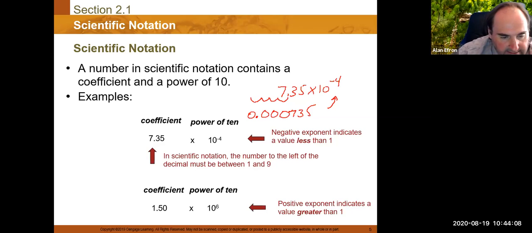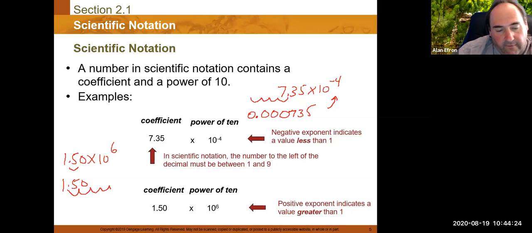And I think that says 1.5 times 10 to the 6. This is a positive exponent, which means it's going to be a larger number. So to make this number larger, we need to go to the right. We would have 1.5, and then 1, 2, 3, 4, 5, and 6 places.